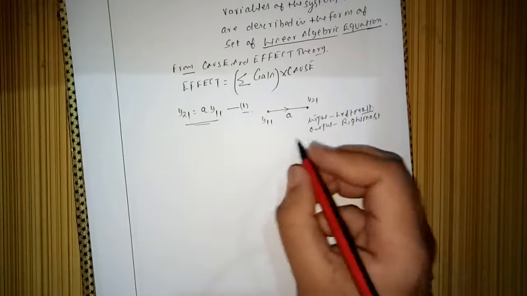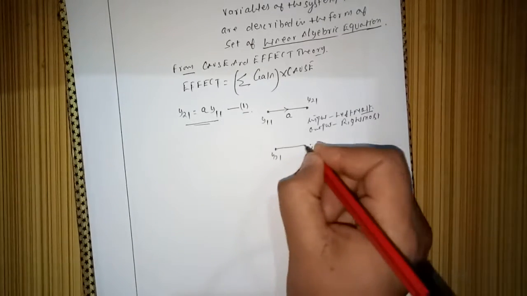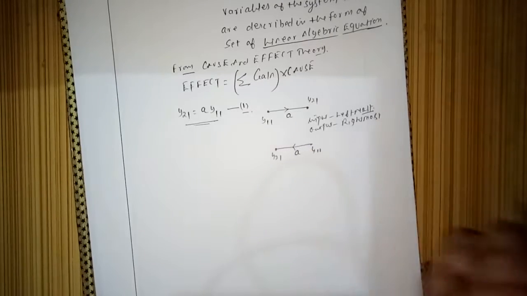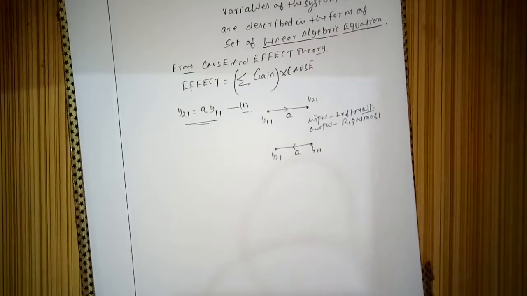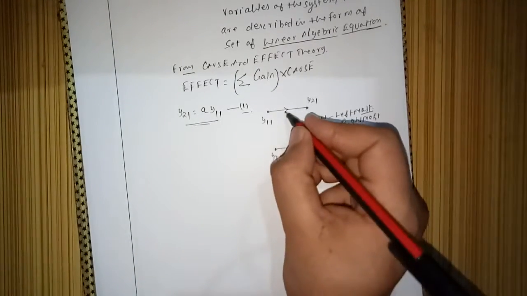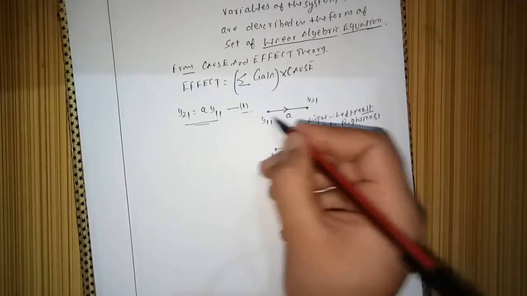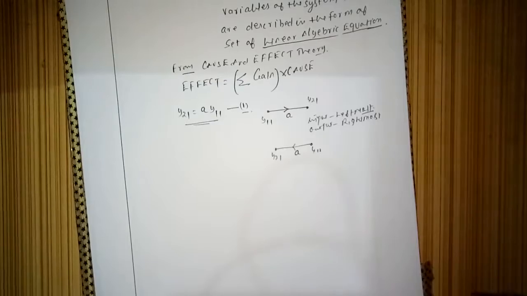So that's how we represent it, but it doesn't mean that we cannot represent it the other way. We are very much permitted to represent it like that. That doesn't make any difference. But one more thing: a signal can be transmitted along the direction shown only. It cannot go in the reverse direction.